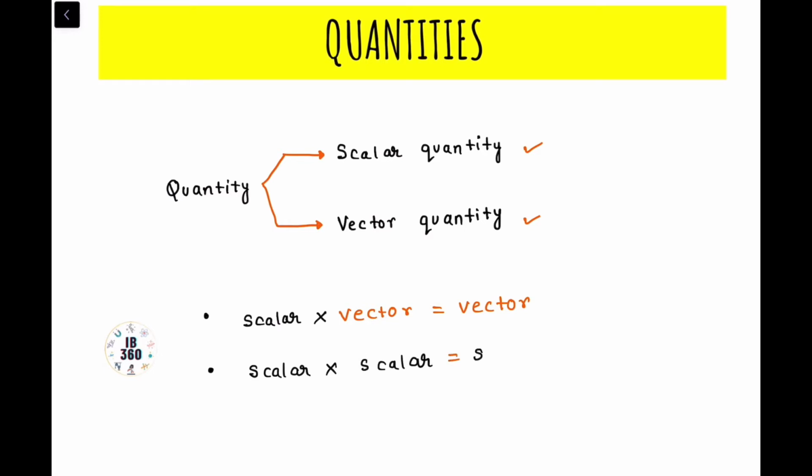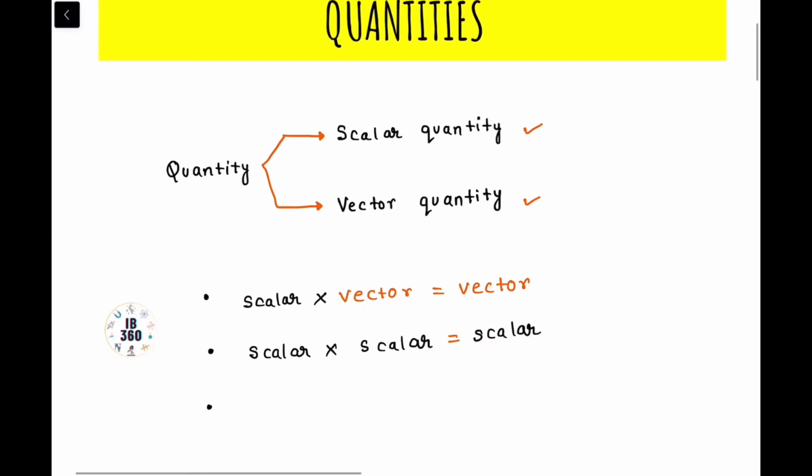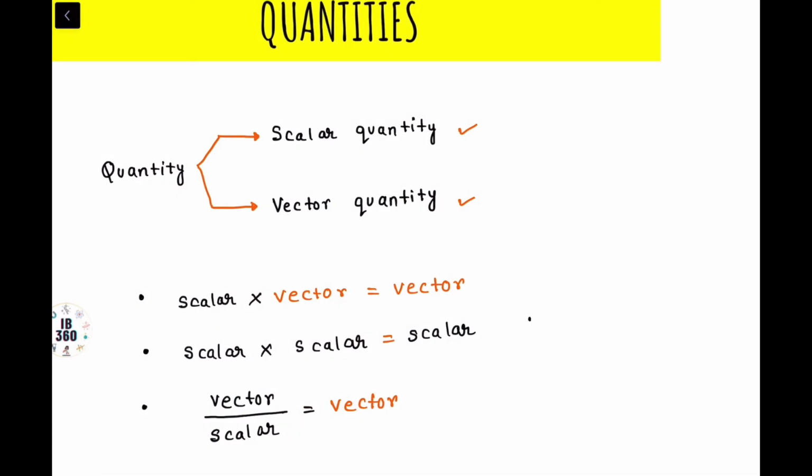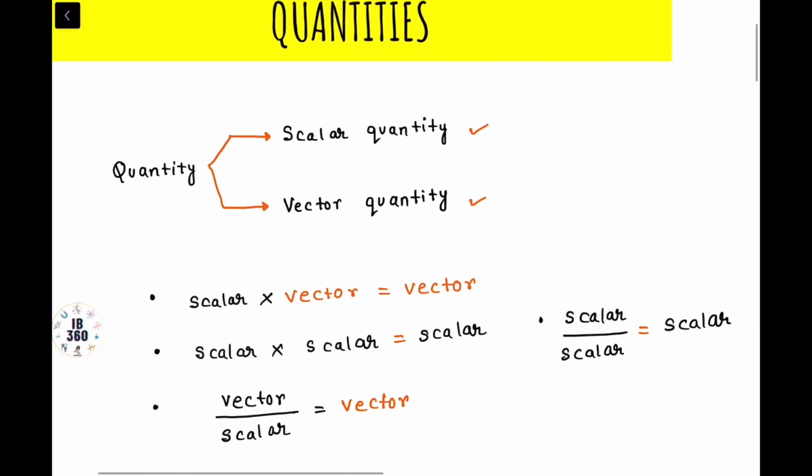When you divide a vector quantity by a scalar quantity, you will get a vector quantity. And when you divide a scalar quantity by a scalar quantity, you'll get a scalar quantity. I want you to know these four relations because they will come in handy later in this lecture. Very simple.